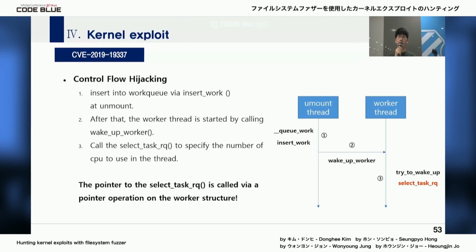At this time, the select task RQ function pointer is referenced using the field of the work queue structure that was controlled through the previous heap spraying technique. So it is possible to manipulate the pointer in an environment where kernel protection techniques are off.